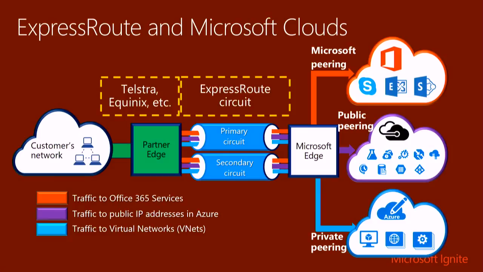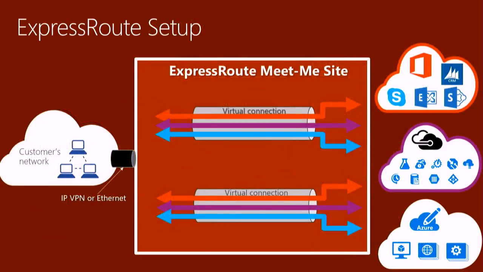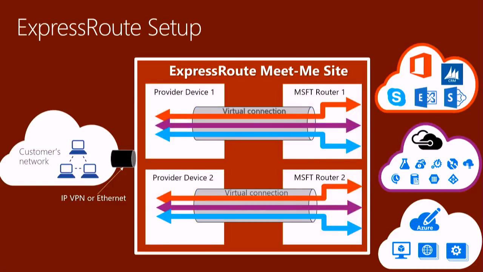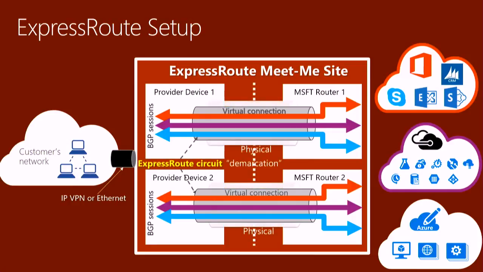There are various partners, maybe these are your local familiar names, and they patch it to our network. This is just trying to show the demarcation in terms of who owns what up to which point.